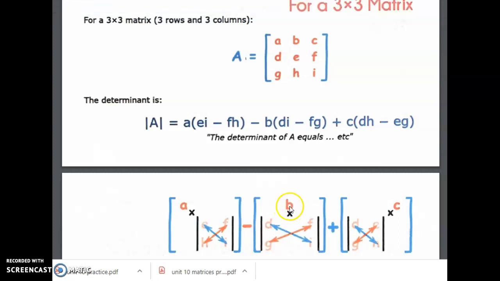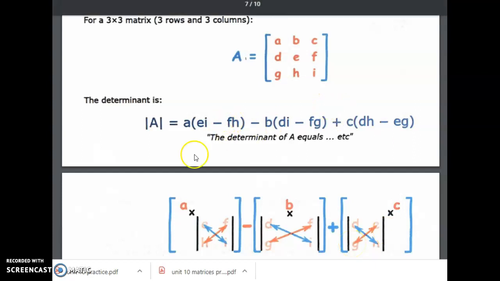In row 1, column 2, we eliminate these other numbers and this column, and we multiply B by the 2 by 2 matrix formed by eliminating the numbers in the same row and same column as B. And then we do the same thing with C. We eliminate all the numbers in row 1 and column 3, and then we multiply to find the determinant of that resulting 2 by 2 matrix. So we multiply, we subtract, and then we add.